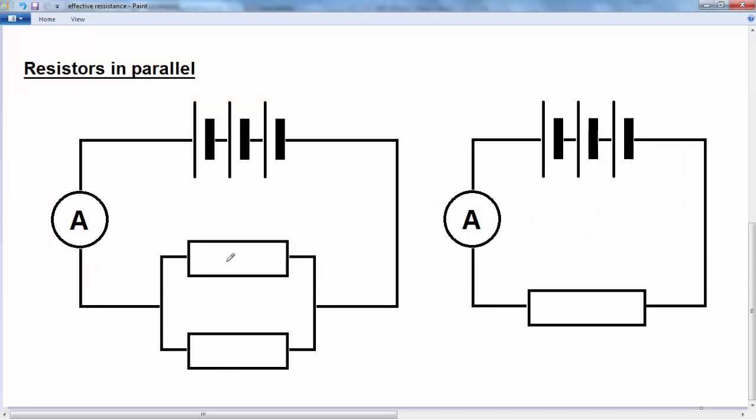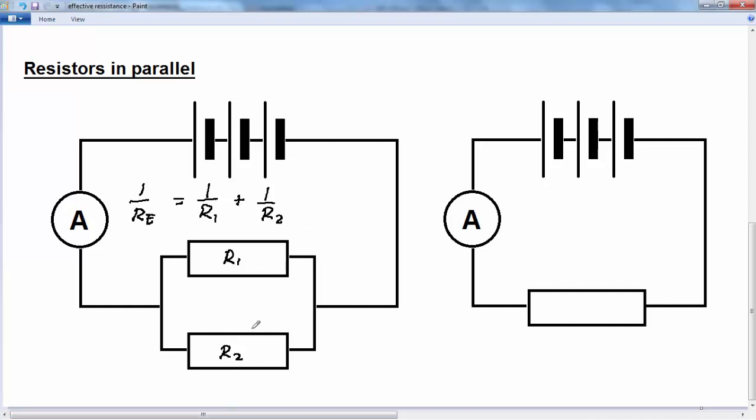We'll just look at two resistors in parallel. Here we have R1 and R2. This time the relationship between the effective resistance and the actual resistances in the circuit is this one: 1 over RE is equal to 1 over R1 plus 1 over R2, and that could go on and on while you're adding resistances in parallel.